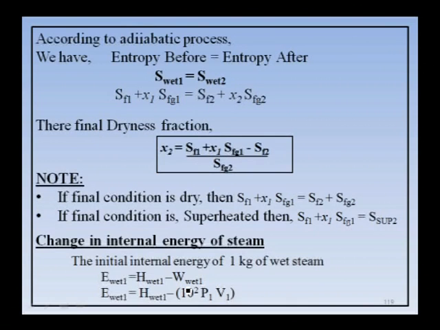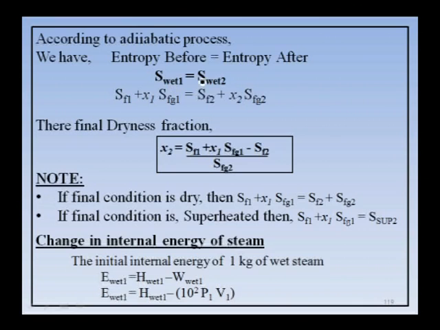After that, according to the adiabatic process, what is the adiabatic law? Entropy before the process is equal to entropy after the process. So, entropy before is what? S wet 1, because we have taken 1 kg of wet steam. Next, S wet 2, the final condition also we have assumed to be wet steam.